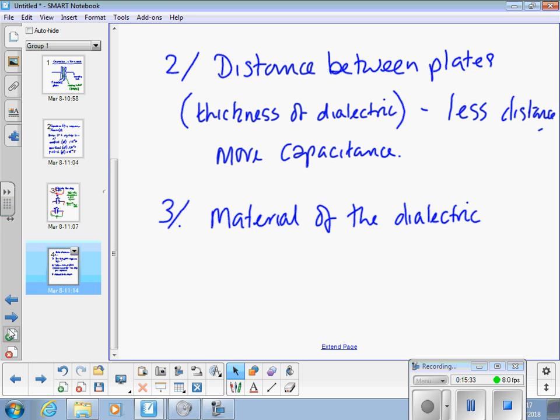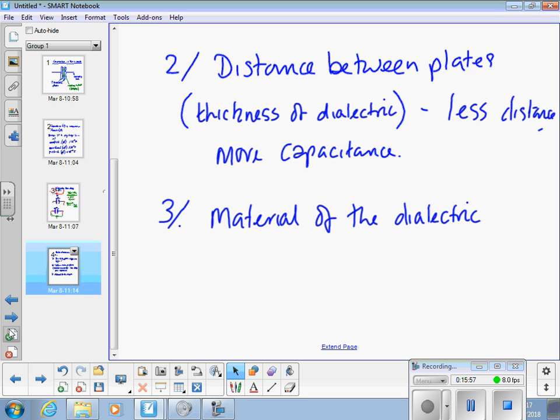More difficult one to quantify, but the material of the dielectric makes a difference as well. Around its electric charge, it will allow, although not very much, the insulator. So air is a good dielectric.